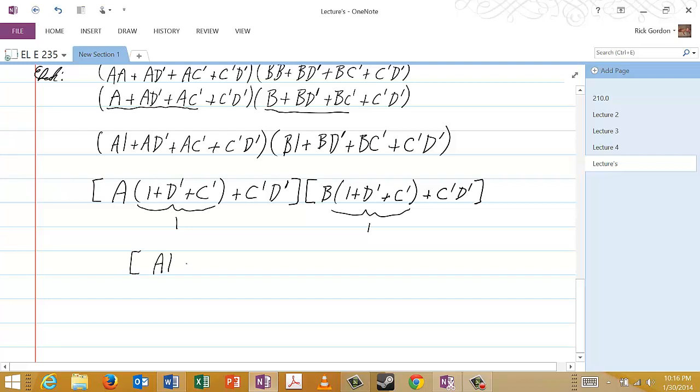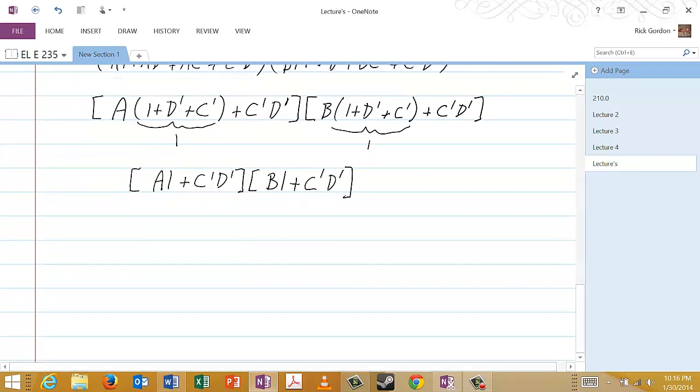We have A ANDed with 1 or C prime or D prime, and B ANDed with 1 or C prime D prime. And now another thing that should jump out at you is that anything ANDed with 1 is itself. So A ANDed with 1 is A, B ANDed with 1 is B. So we now have A or C complement D complement, ANDed with B or C complement D complement.